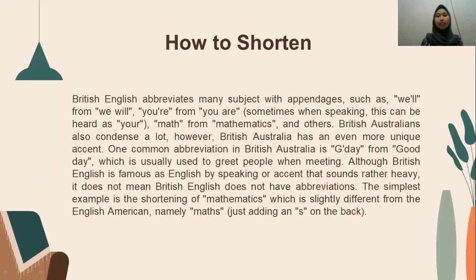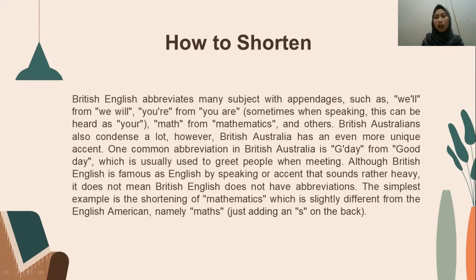And the last material is how to shorten. British English abbreviates many subjects with an apostrophe, such as we'll from we will, you're from you are, and sometimes when speaking this can be heard as your, and maths from mathematics and others.